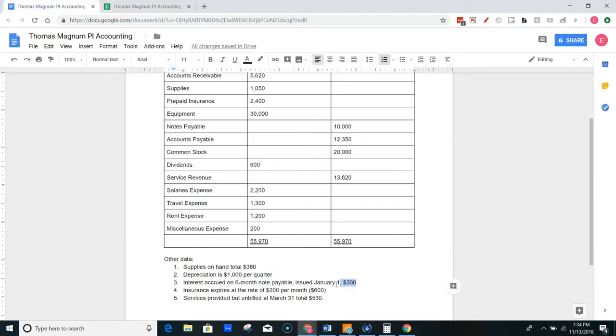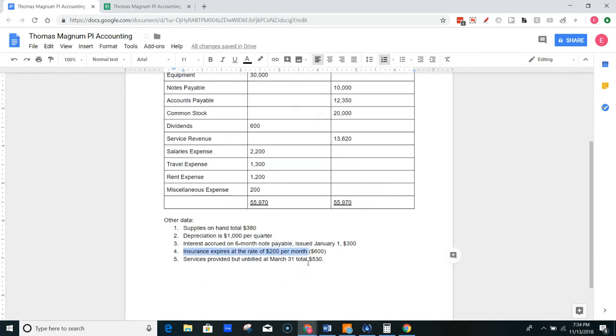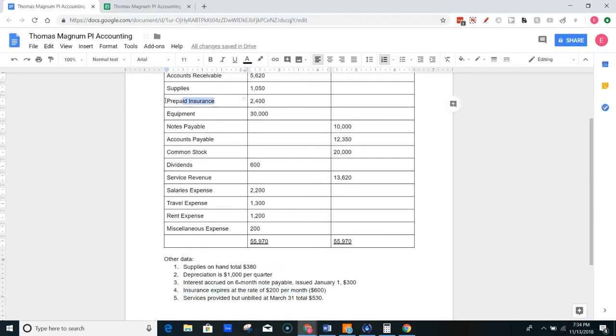Okay, let's jump over here to the next entry. The next entry says insurance expires at a rate of $200 per month. Insurance expires. What this means is we know we're dealing with prepaid insurance right here. We know we have paid for $2,400 worth of insurance, right?